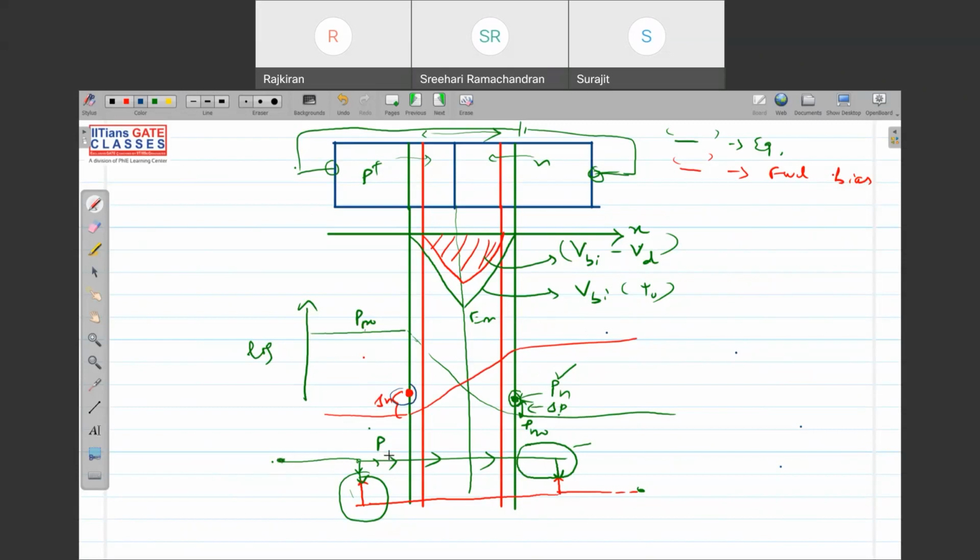In the n side I have more holes, but it should be electrically neutral, so the contact will inject electrons and they will recombine with the holes. Similarly, the electrons injected from n side to p side will be supplied by the contact. Is this flow diagram clear?